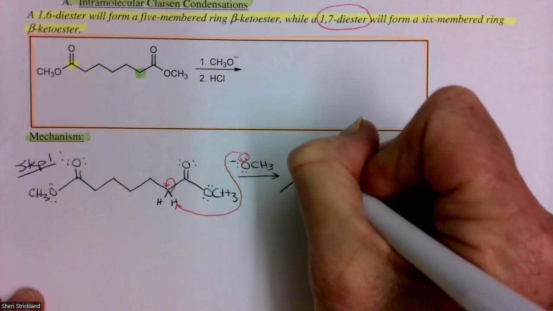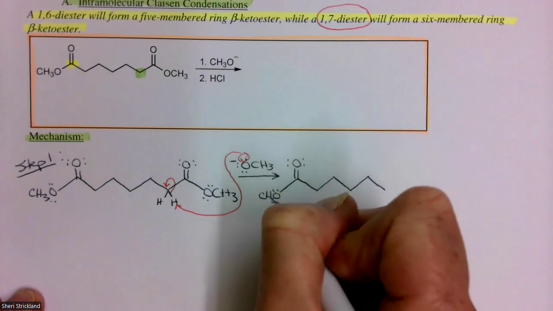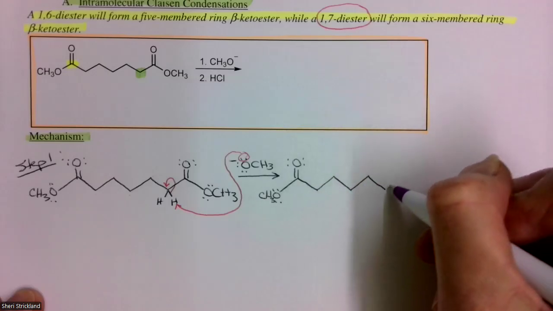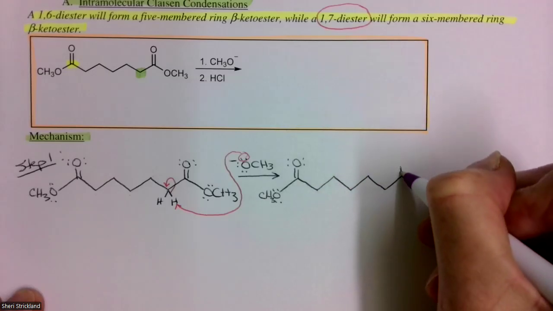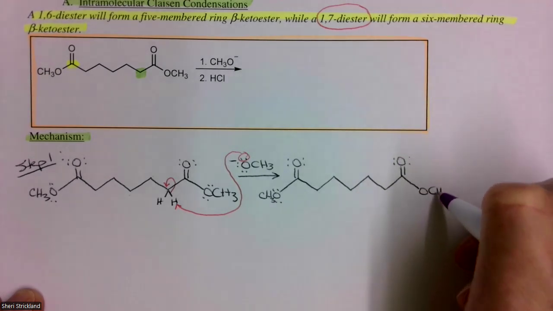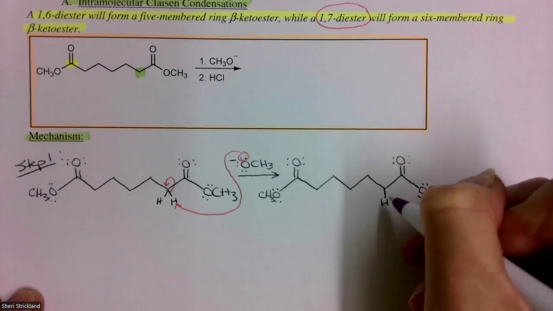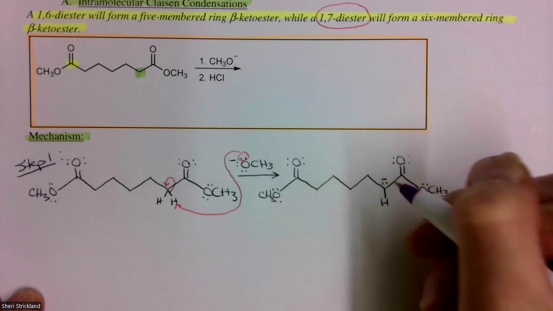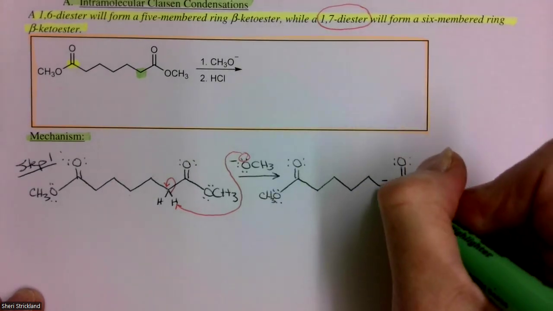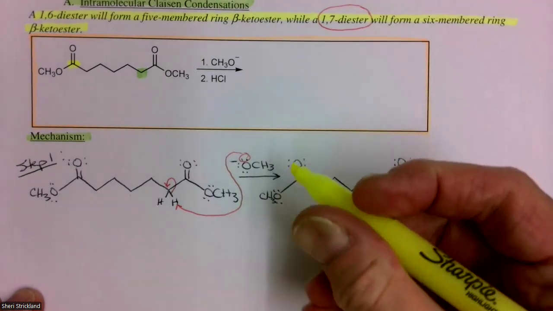All right, so this end is still just the way you left it. 2, 3, 4, 5, 6, 7. All right. We've removed one of the hydrogens here, left its electrons behind. Now this is the nucleophilic atom, and this is the electrophilic atom right here.